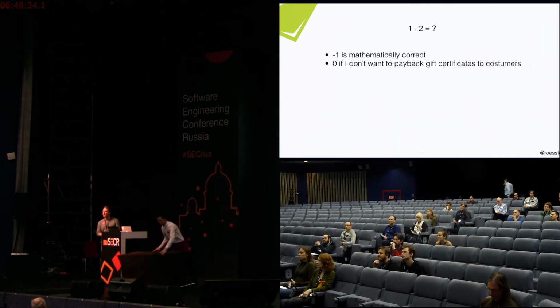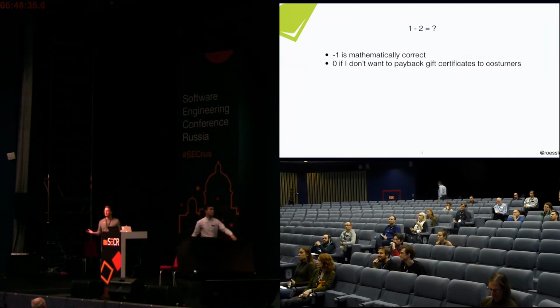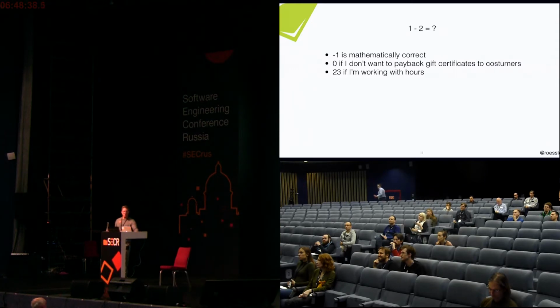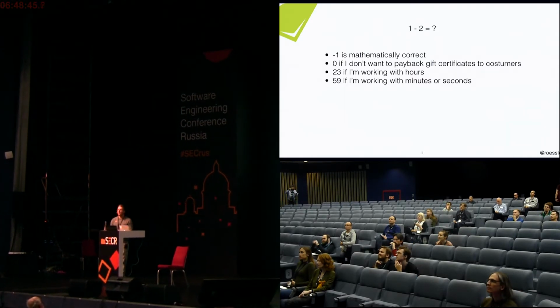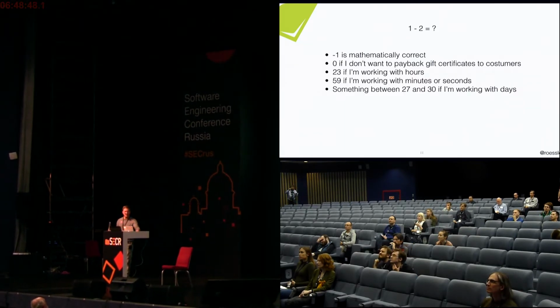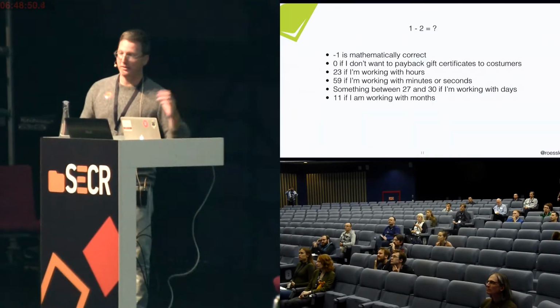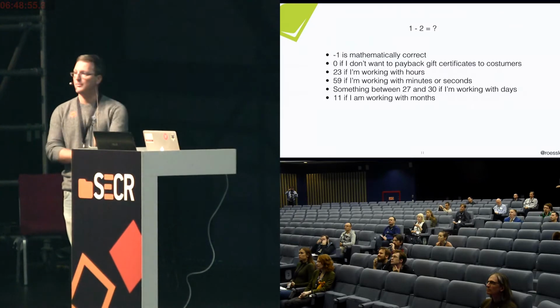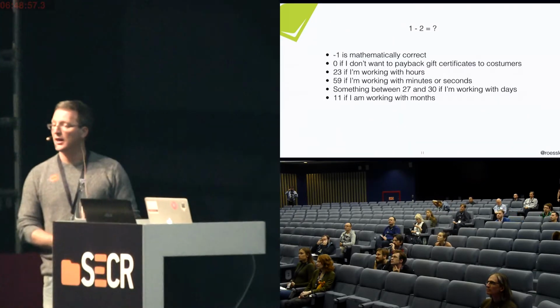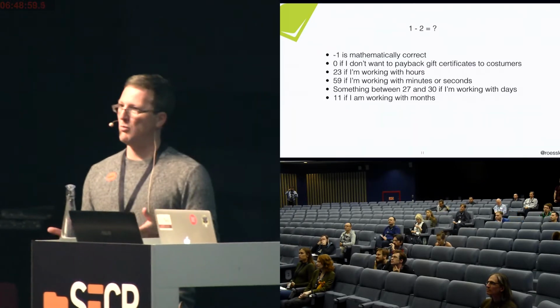However, if you're dealing with, say, time, with hours or minutes, then the situation is completely different, right? Or if you're dealing with calendars, like dates, then it's something in that regard, right? And if you're dealing with degrees Fahrenheit, then you might know that there is no minus value.